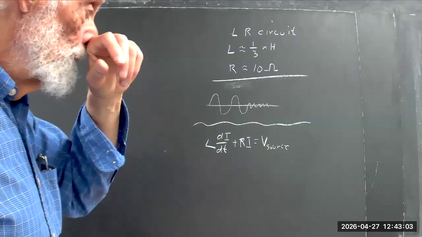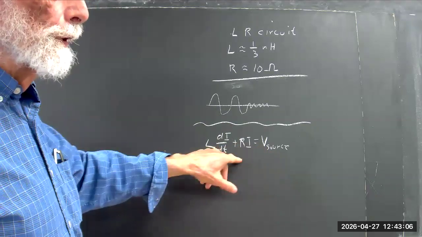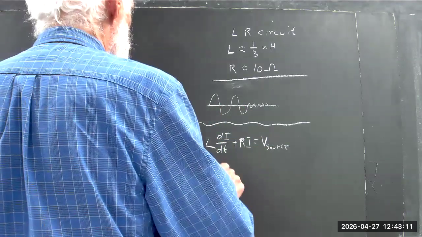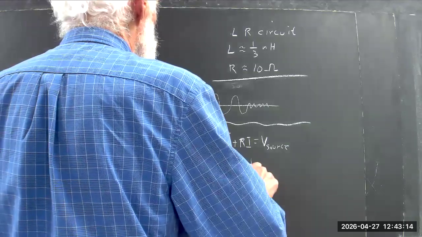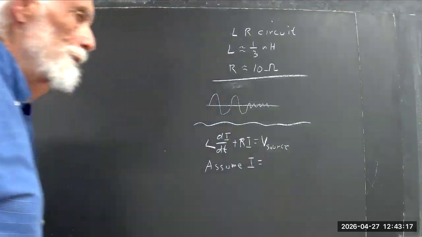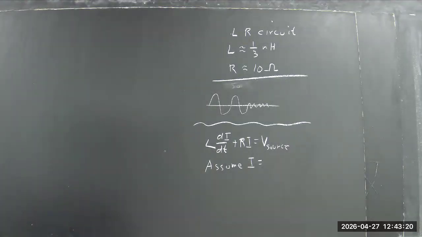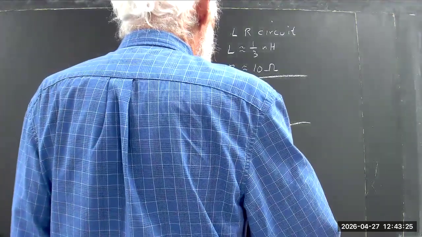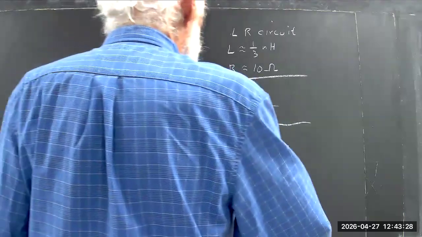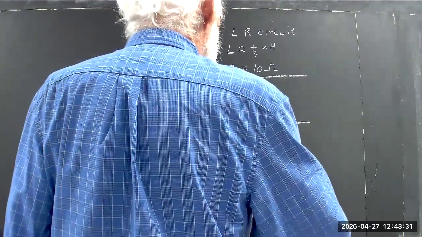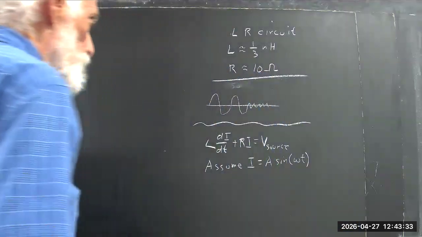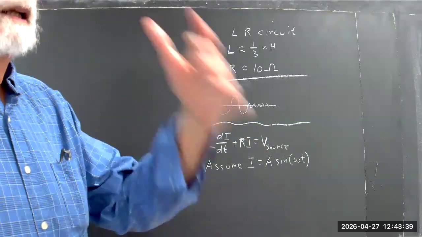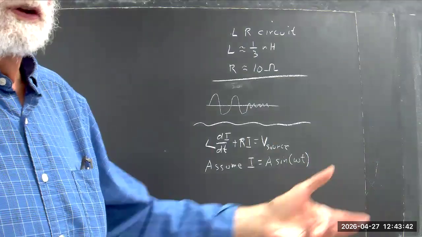So when we solve this equation, we could start out with the voltage of the source and see what the currents ought to be. But what we're going to say is assume I is usually expressed as a sine. It could be expressed as a cosine. It doesn't matter. But I'll go with convention and express it as A sine of omega t, where omega is the frequency of the source, determined just by what you do with the function generator.